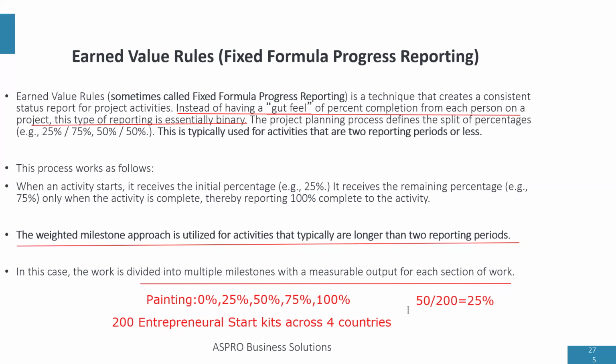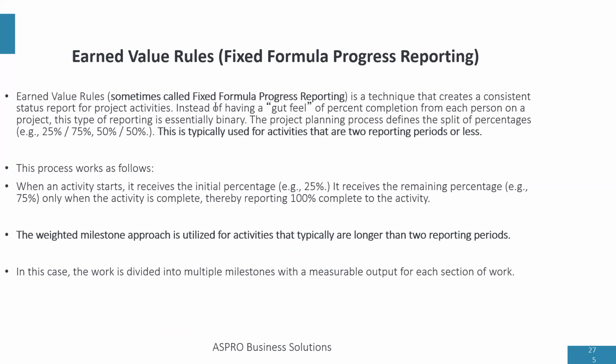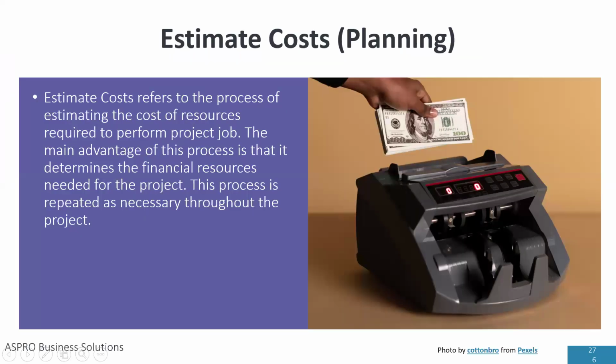Because when we get to 200 over 200, that means the project is complete. So I'm just giving you a hint, because you need to track. What will you tell the sponsor? How will you create reports? You have to find a way. So there are two ways here: end value rules and fixed formula progress reporting.